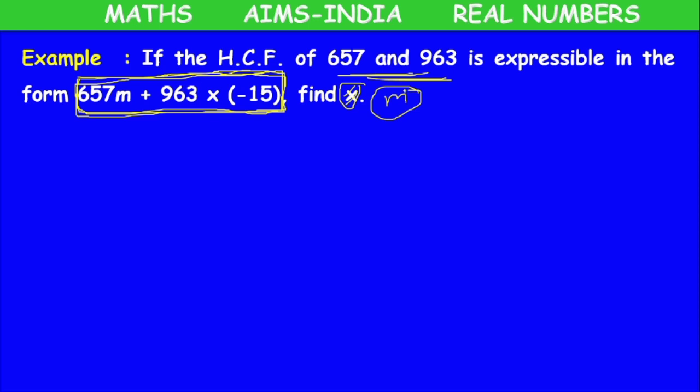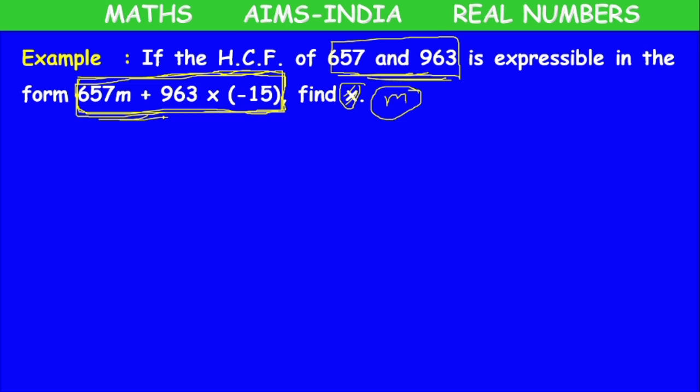Don't get confused with the question. First, we have to find the HCF according to Euclid division algorithm. After that, whatever HCF we get, we have to equate it to this given expression. Then we find the value of m. That is the task here.